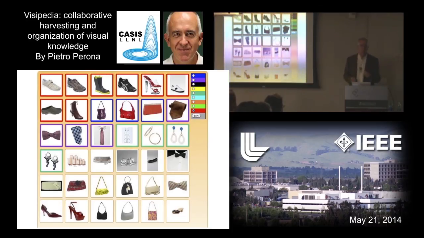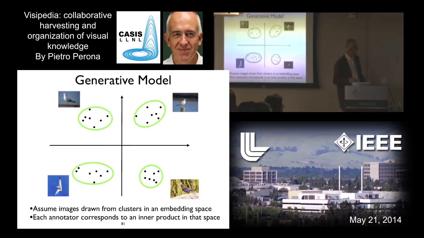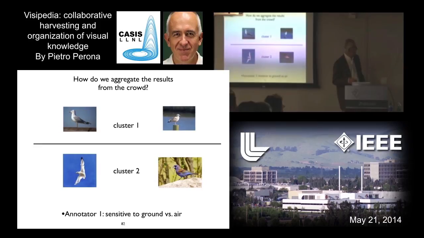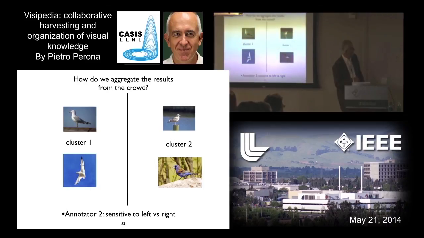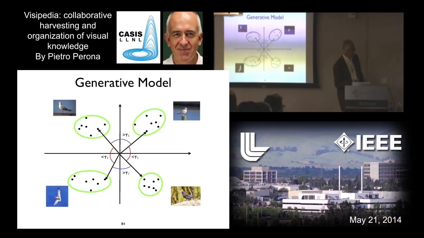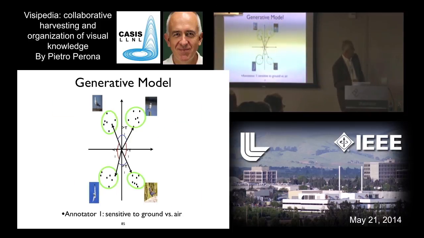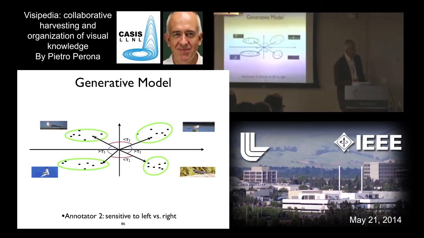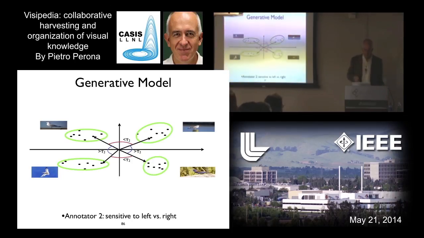Now, how do we capture this idea that different people have different metrics? Well, it's simple. We just do it that way. So in this case, you could think of somebody clustering these pictures as the perched birds and the flying ones versus the birds facing left and the birds facing right. And so the idea is that different people have different metrics in their head. So there is some space where these images live, and people have different metrics.